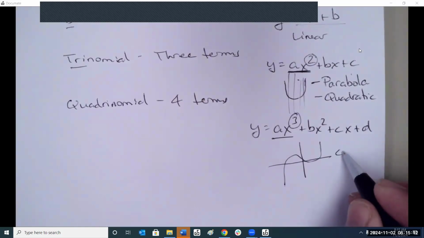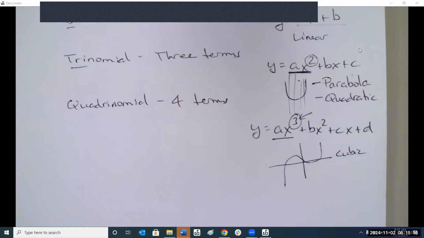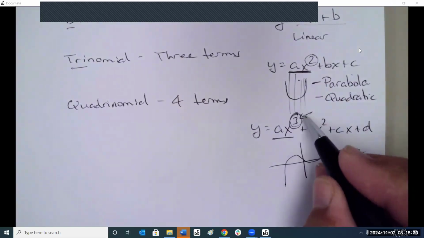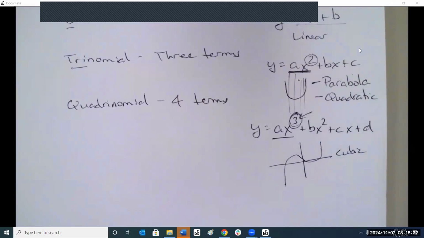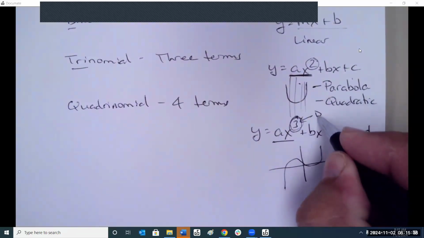It's called a cubic because the highest power is 3. What's the name of this highest power part? We talked about that a couple of chapters ago. Starts with a D. Degree, very good. It's the degree.